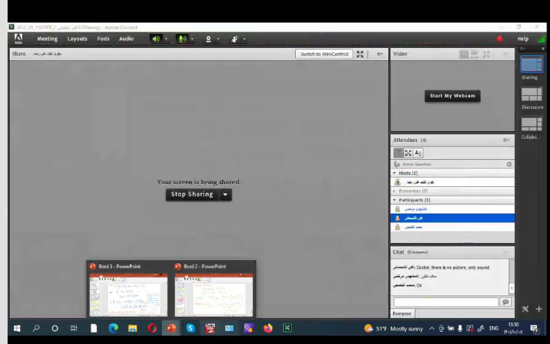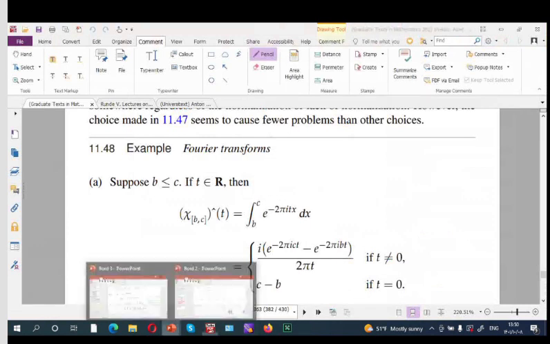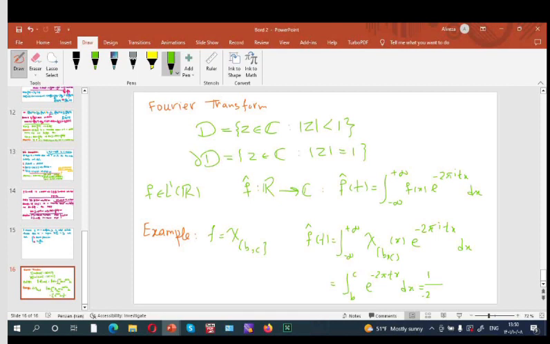Okay, for this Fourier transform, by our definition, f hat of t equal to this integral. This must be put instead of f.